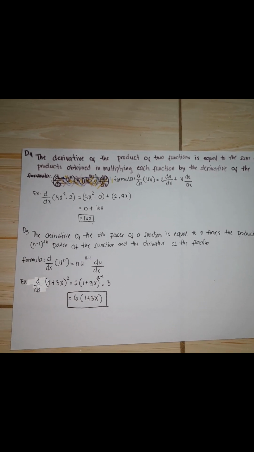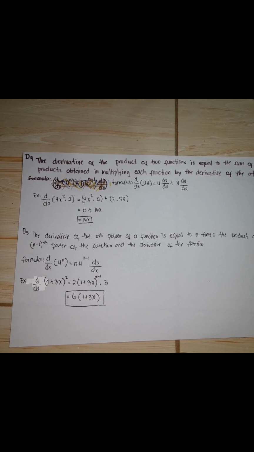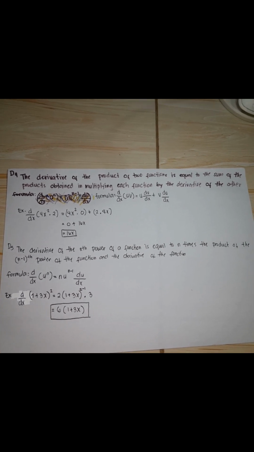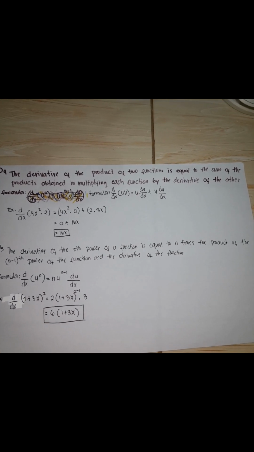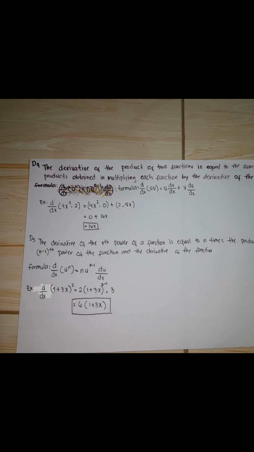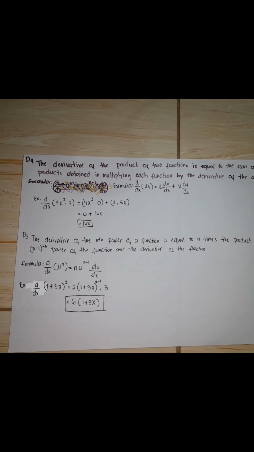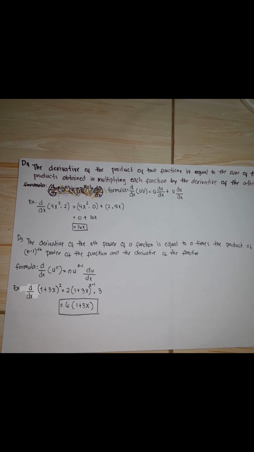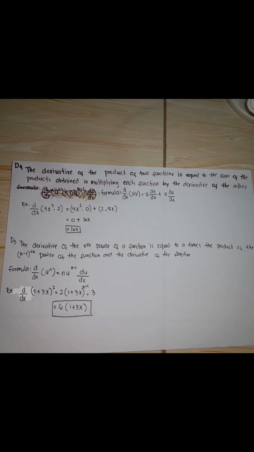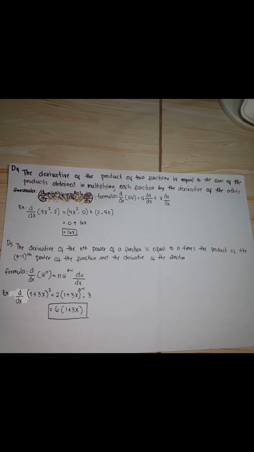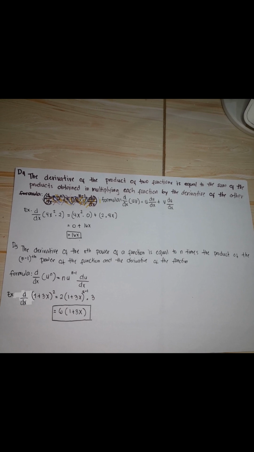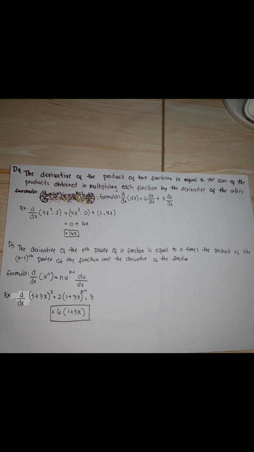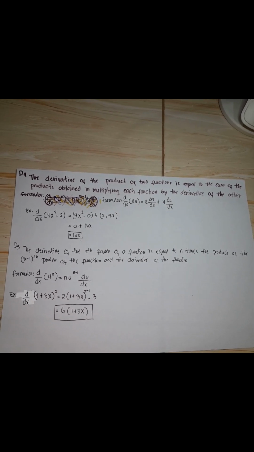So let's proceed to D5, the last formula we will tackle in differentiation. So the derivative of the nth power of a function is equal to n times the product of the n minus 1 power of the function and the derivative of the function.